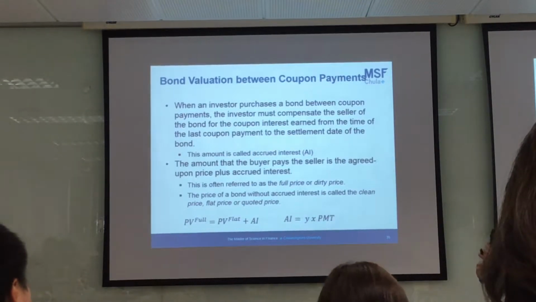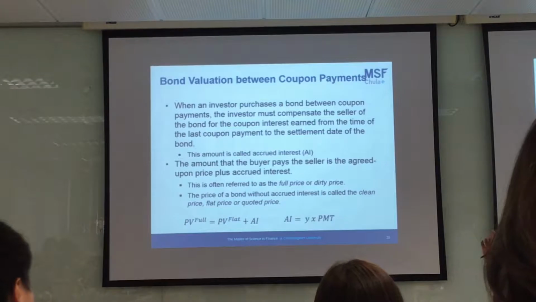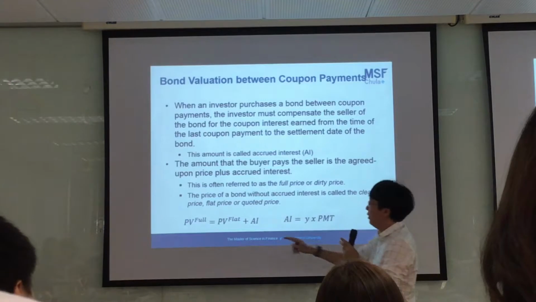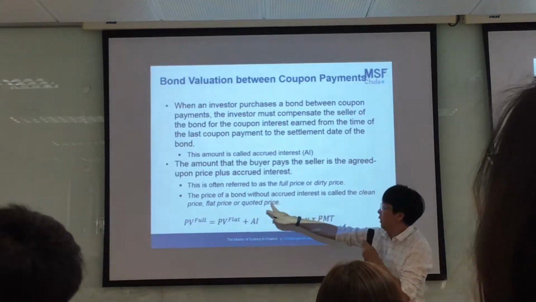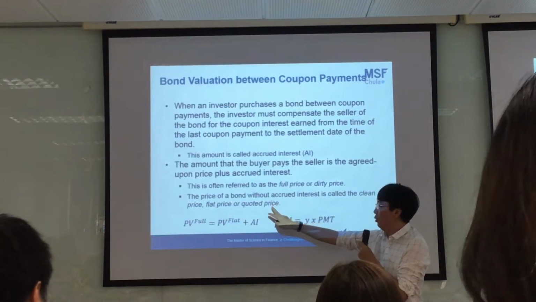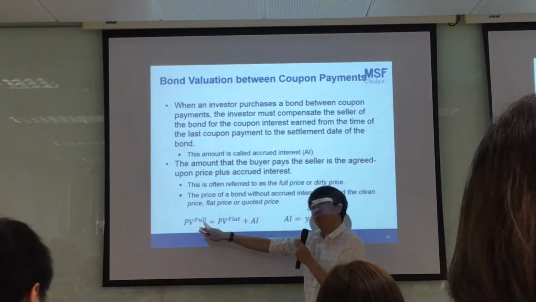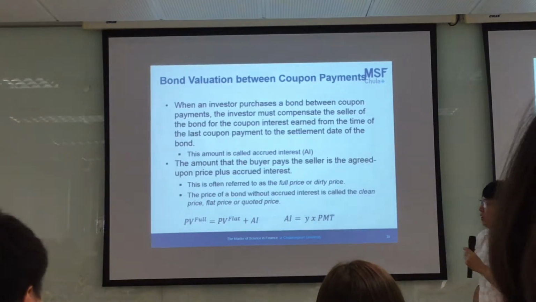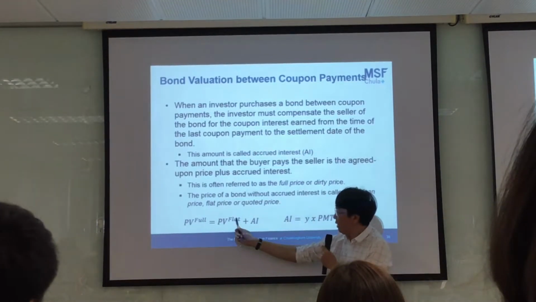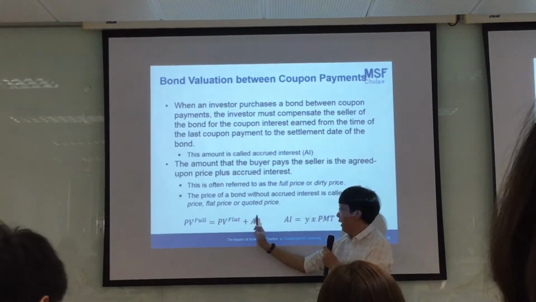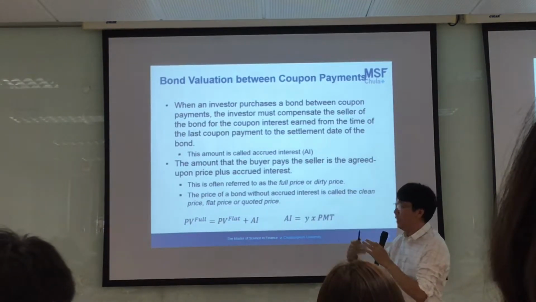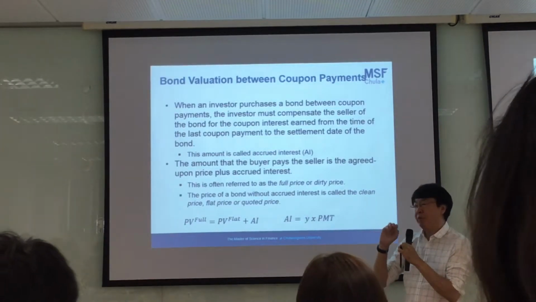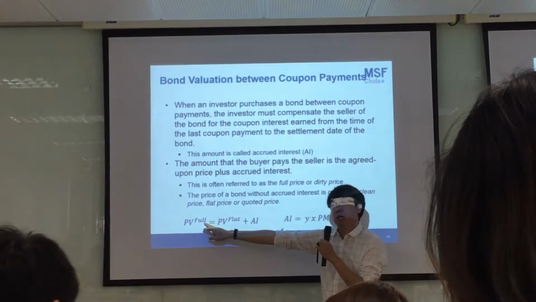In the bond market, when you submit a buy or sell order, you submit the flat price, or what we call the quoted price. You don't submit the full price. Suppose you quote the price of the bond equal to 110, so you are submitting the flat price. The accrued interest you can calculate later, and eventually the total dollars that the buyer must pay will be equal to the full price.